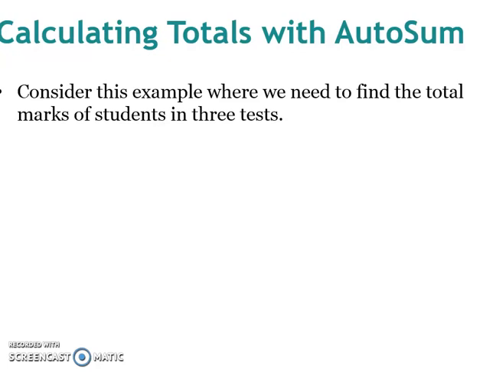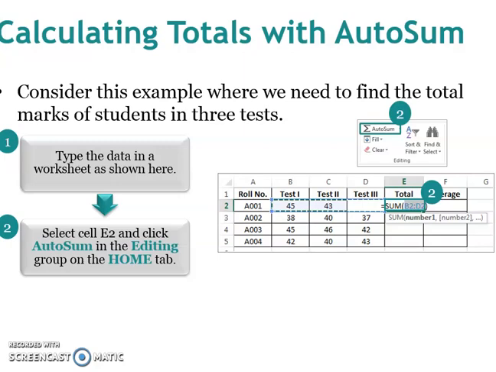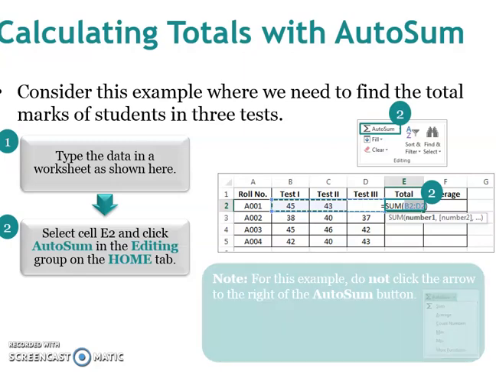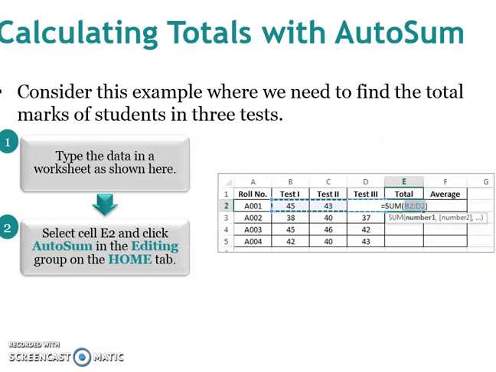Calculating totals with AutoSum: if we have some values and we don't want to write the formula, we just select the cells, or rather, we will move towards the AutoSum. When we click on the AutoSum in editing, some more operations are shown, like average, and whichever operation you want, you just select it.